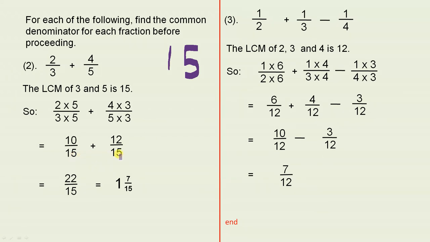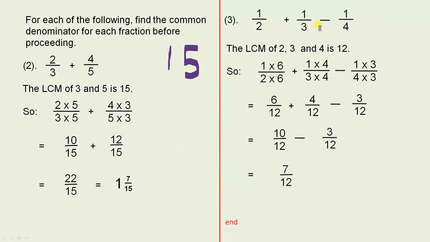Both denominators are the same. 10 over 15 plus 12 over 15 gives us 22 over 15. 10 plus 12 is 22. To change this improper fraction to a mixed number or a mixed fraction, 15 into 22 goes once, a remainder of 7, 1 and 7/15.